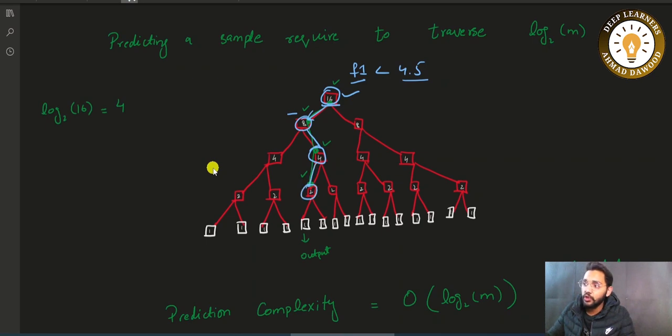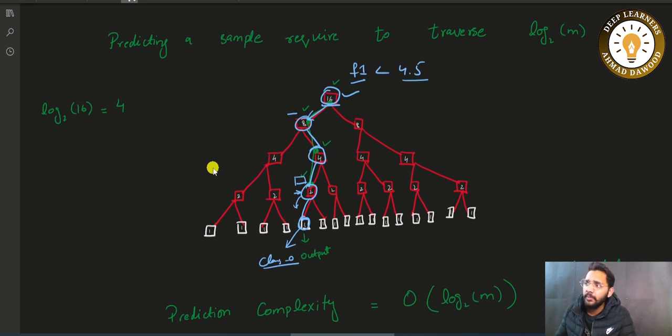On the basis of the last decision node, it will predict the sample, with the terminal node representing the class. Let's say this terminal node represents class 0. Then on the basis of that decision rule our sample goes towards this side and it will be predicted as class 0. This is the process of prediction.